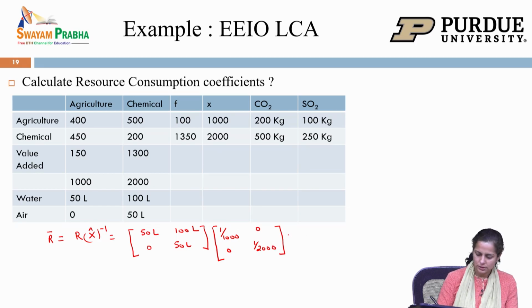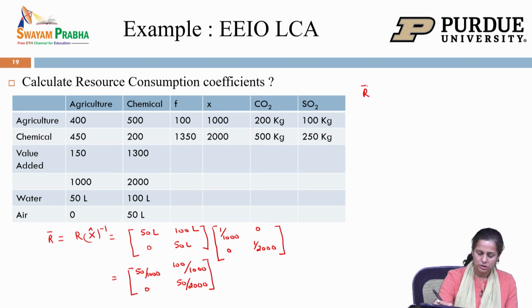So this will then become 50 by 1000 and 100 by 1000. This will be 0 of course, and this is 50 by 2000.